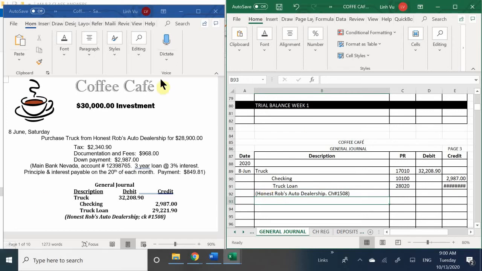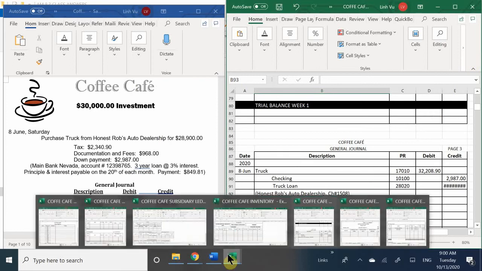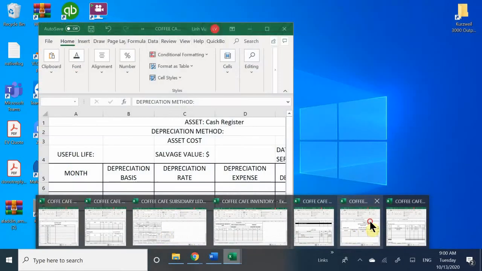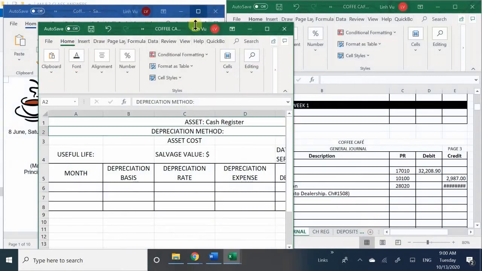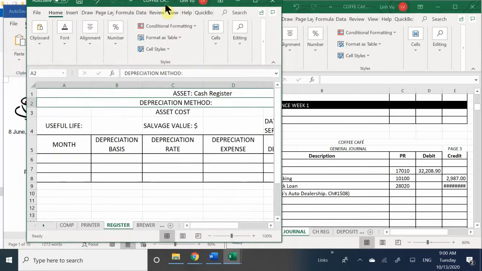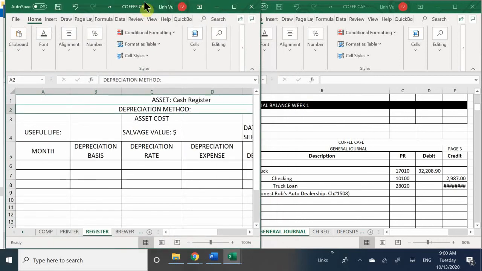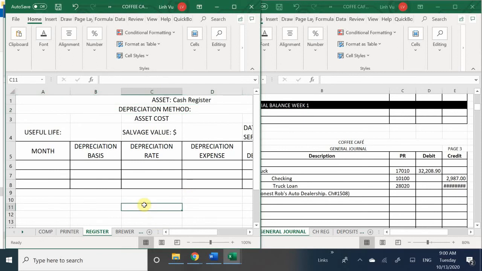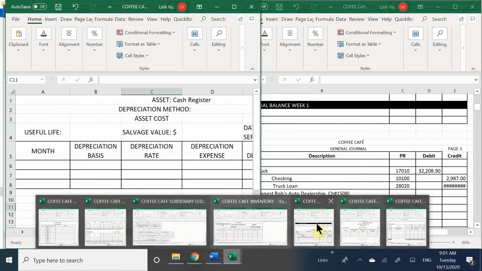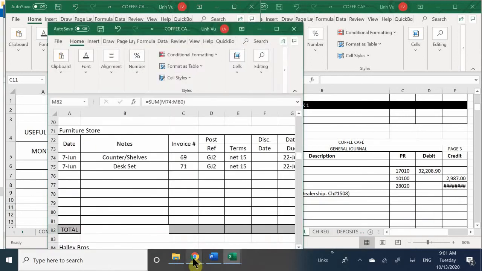Now that I completed this, I need to go to my ledger and I need to update it. So here is my ledger. Actually, whoa, wrong one. This is not my ledger, this is the subsidiary ledger.